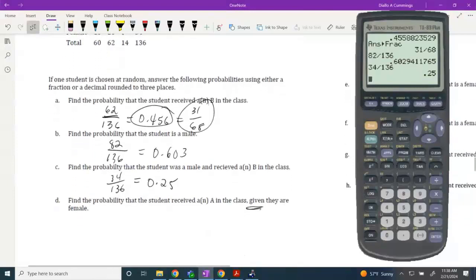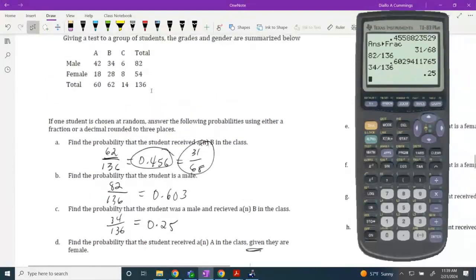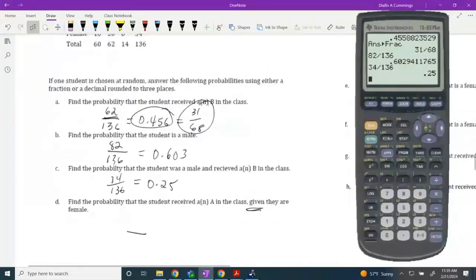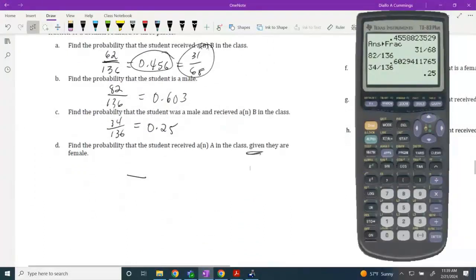Whenever you see the word given, that restricts your denominator, or that restricts the total amount of people that we're looking at. So in this particular problem, we're not looking at everybody. We're only looking at the what? Females. So how many females were there in the course? Right. There are a total of 54 females. So 54 is our denominator.